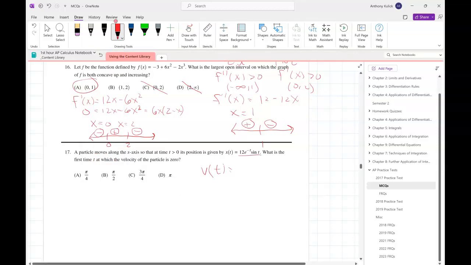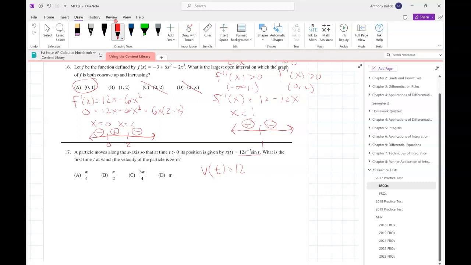So how do I take the derivative of this? 12 e to the negative t sine t. It's a product and a chain, right? Because of the negative t in the exponent.